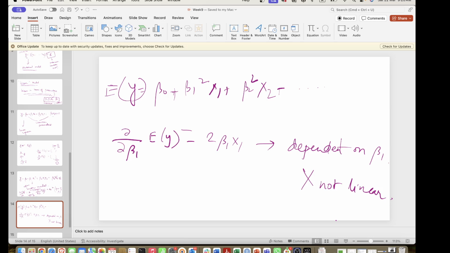Now after determining whether we do have a linear or non-linear model, we should be wanting to fit that linear model.